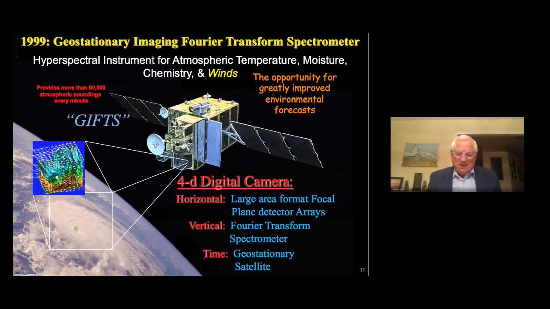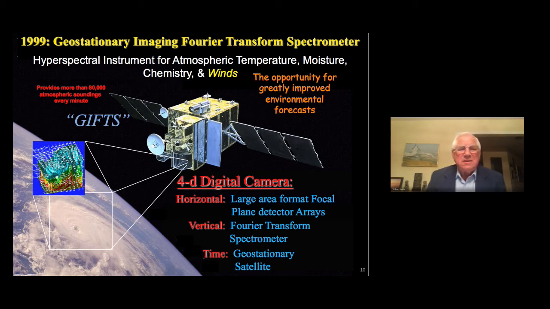So then the real original objective for hyperspectral sounding, as I said earlier, was to fly it on a geostationary satellite so that we could use the data for storm prediction.